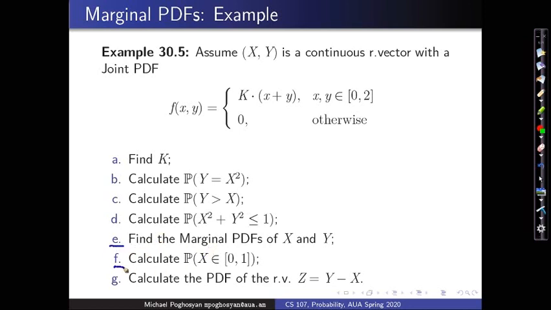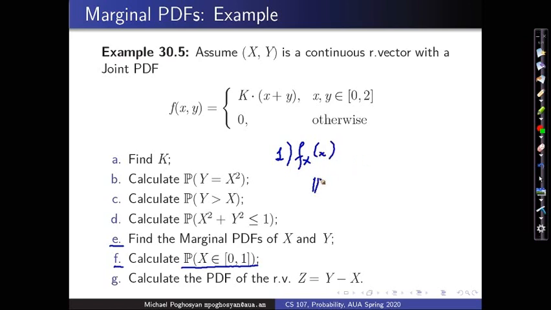Now part F. Calculate the probability that x is in [0, 1]. Why am I writing this? We have met these kinds of problems because we can solve this problem in two ways. So the first method to solve F is the following. We have obtained this PDF of x.